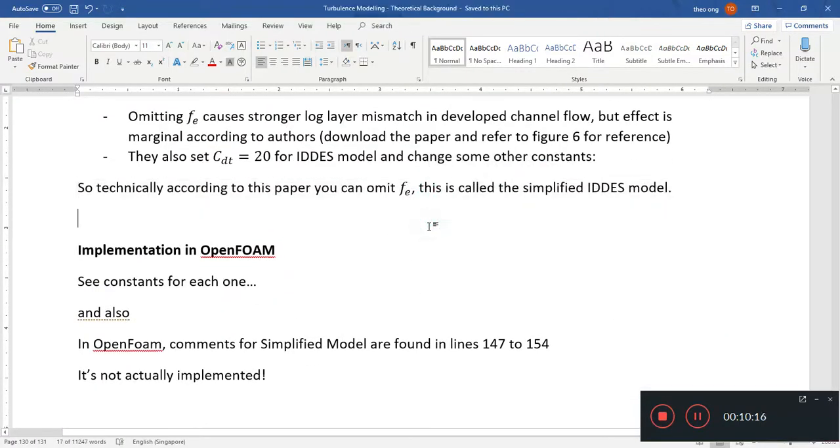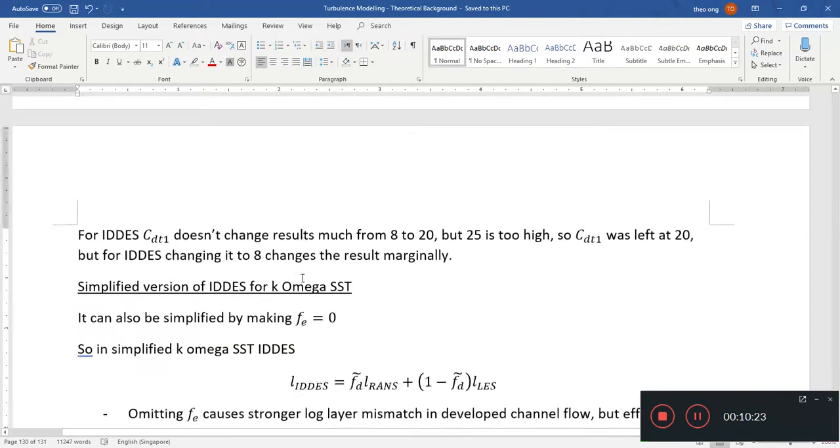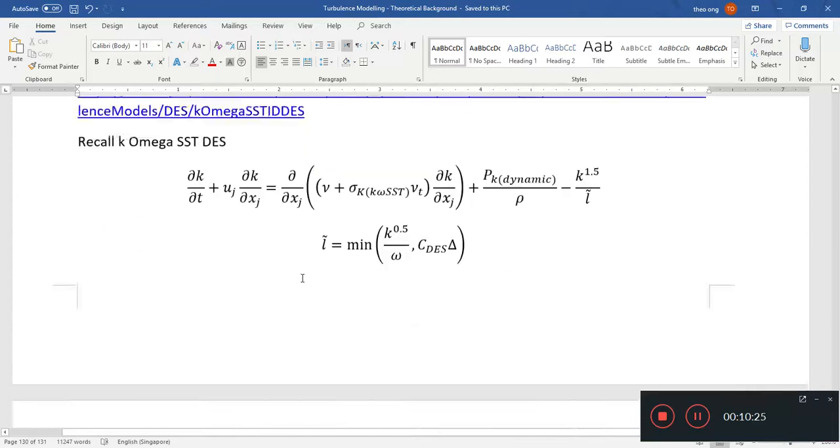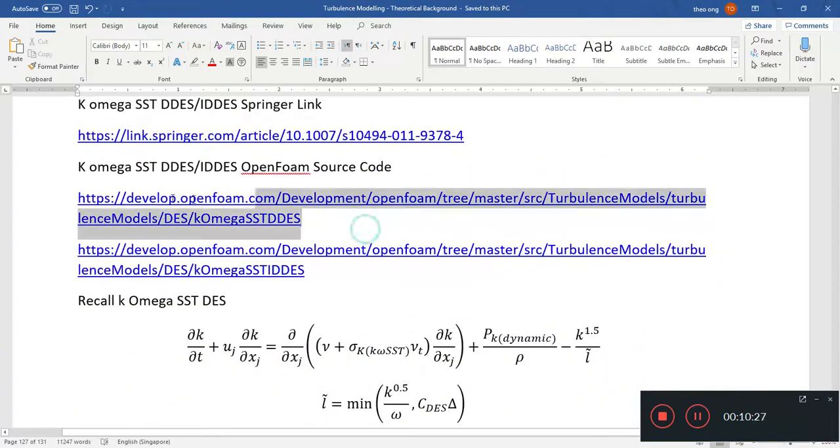All right, so let's see how all this is implemented in a real CFD code like OpenFOAM. So in OpenFOAM, remember you can take a look at these links here. The source code is over here, in the DDES and the IDDES.